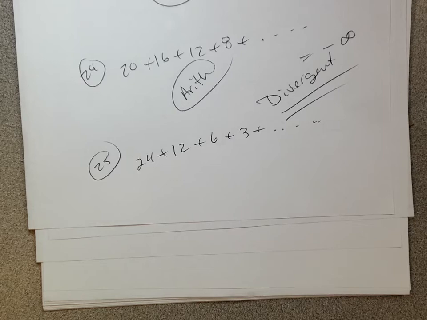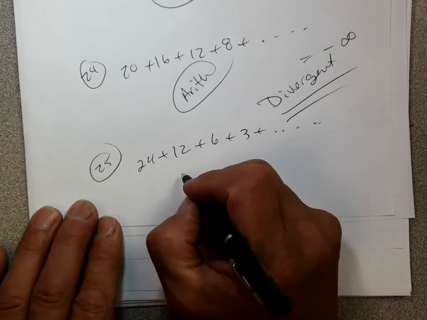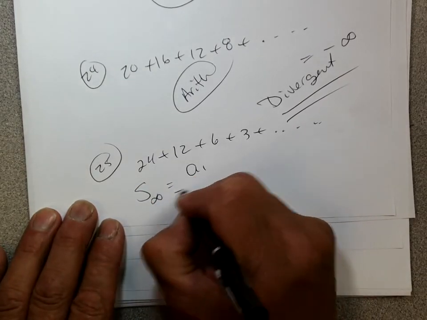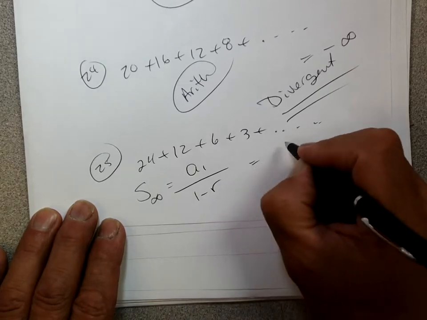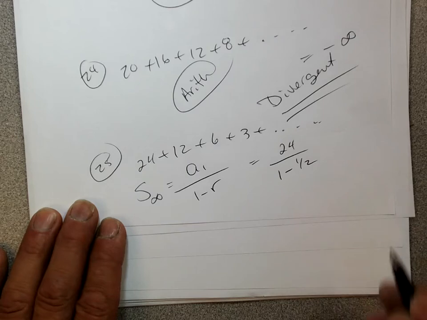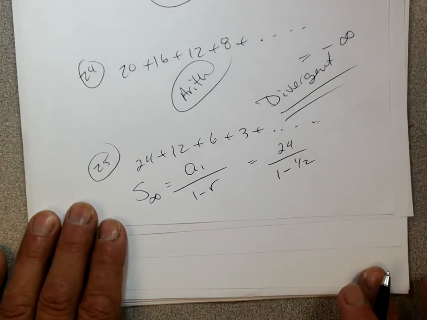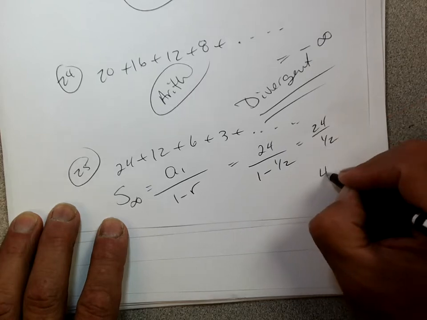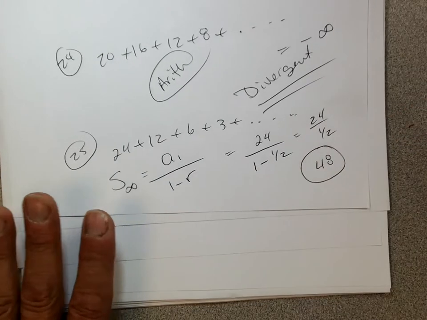This one's going to go to 0, right? So we have a formula. S of infinity is equal to A1 over 1 minus R, so 24 over 1 minus 1/2, which is 24 over 1/2, which makes 48.